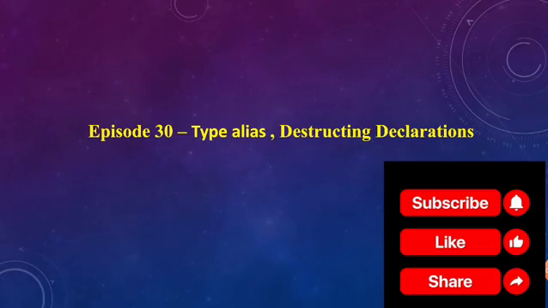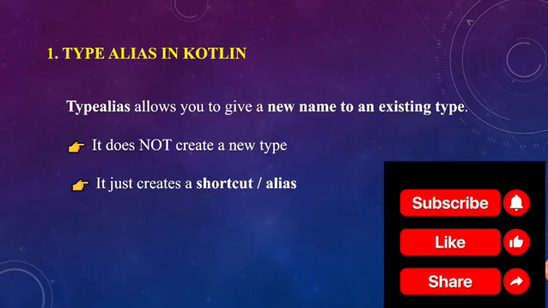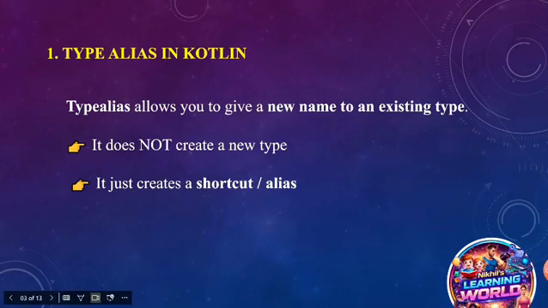In this video, we will explore two powerful Kotlin features that help you write cleaner, simpler, and more readable code. What is type alias? It simplifies complex types. And destructuring declaration means extracting multiple values easily.